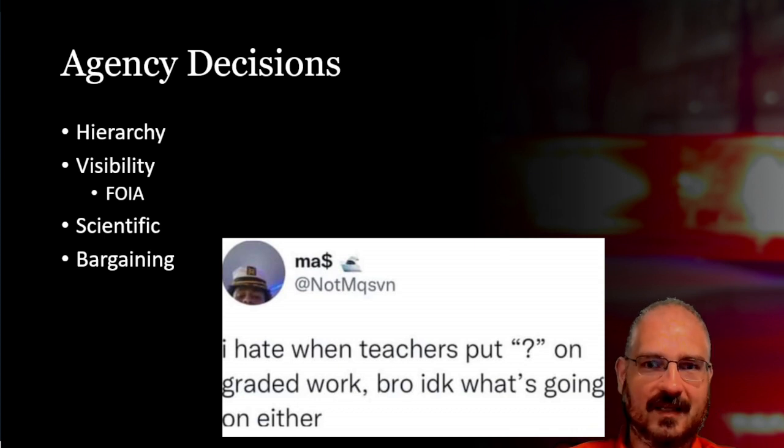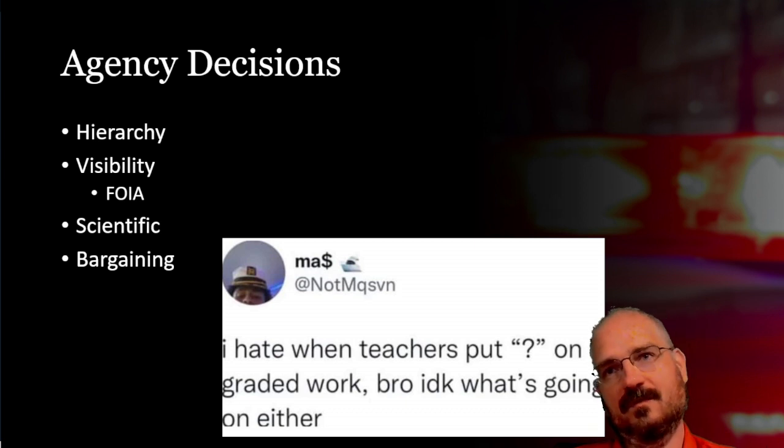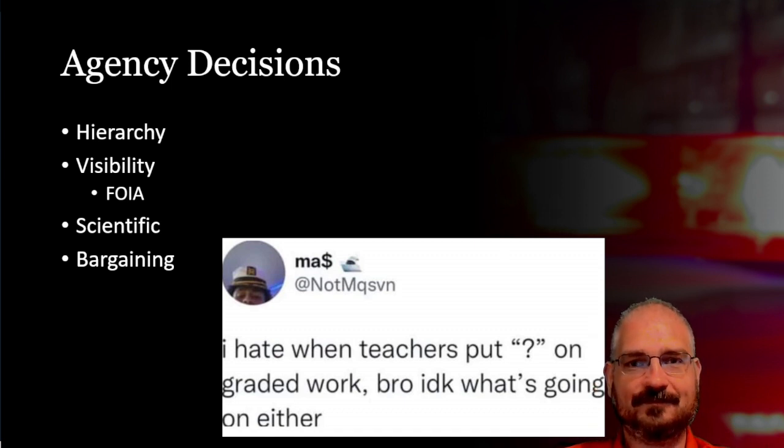How do we need to set this water pollution standard? How much thrust are we going to need in this new rocket we're building, etc. So the scientific and technical aspects of whatever decision they're making or whatever rule they're creating is obviously going to play a big part in how that decision is made.